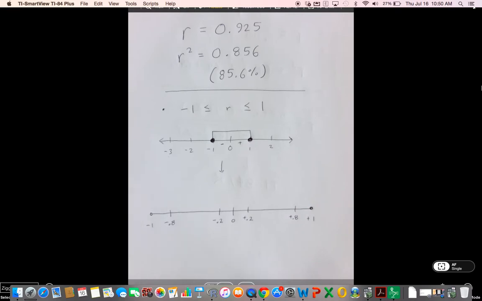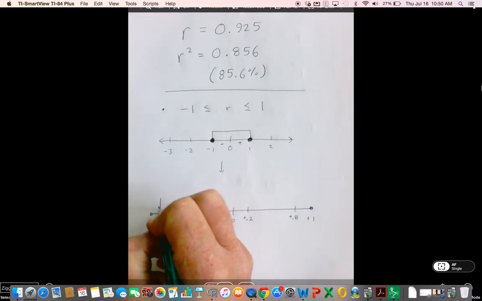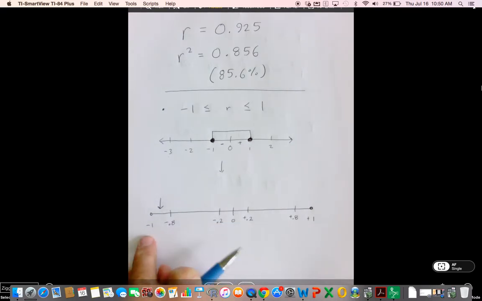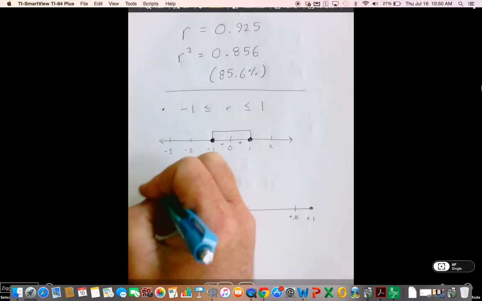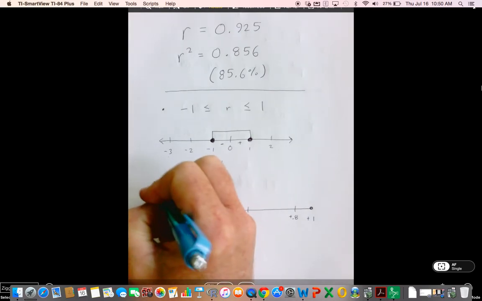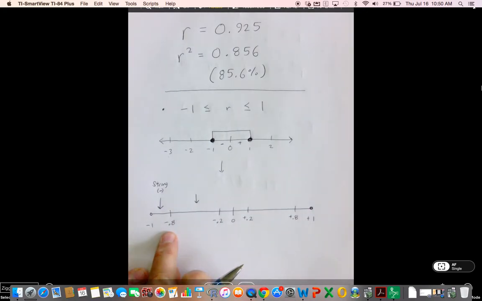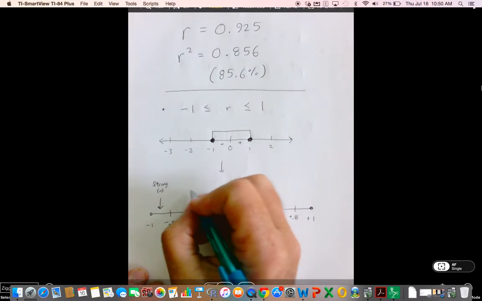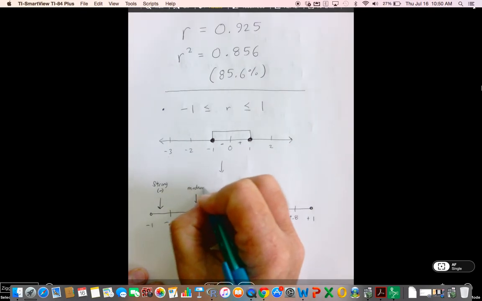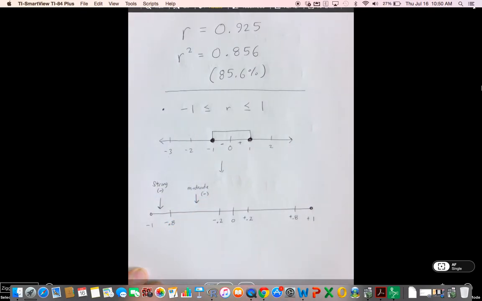A decent rule of thumb, until you learn a lot more about statistics and you find it's really not, but a decent basic introductory framework for deciding what this R tells you: if our R falls between -0.8 and -1, we're going to call that for now a strong negative relationship. If our R falls between -0.8 and -0.2, we'll call that a moderate relationship.